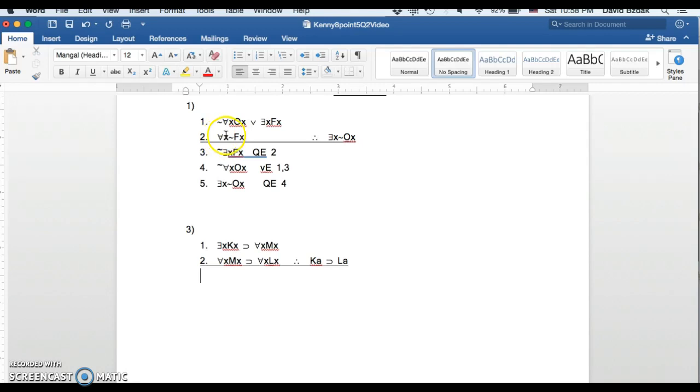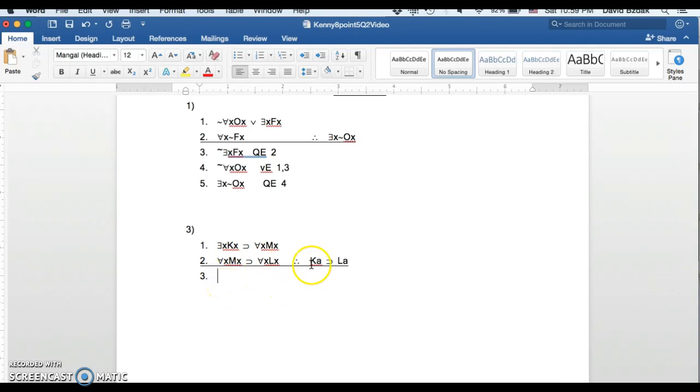So here, for example, the universal quantifier is the main operator. But here it's not because there's a negation in front of it. Plus there's this disjunction here too, right? So in neither of these premises are either of the quantifiers the main operator, the conditional is. So we can't apply any of the quantifier inference rules to these premises.